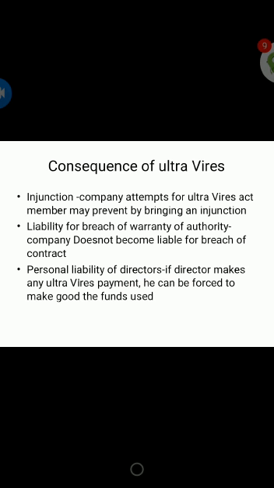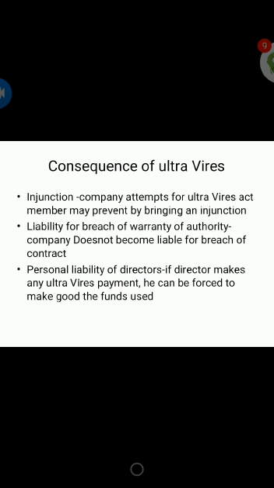As agents, they are supposed to act within the powers mentioned in the memorandum of association, and the company cannot give them any power which is ultra vires. So the company is not going to give any powers to the directors which are not mentioned in the memorandum. So if they induce any outsiders to enter into an ultra vires contract with the company, they become liable to the third party for any loss.